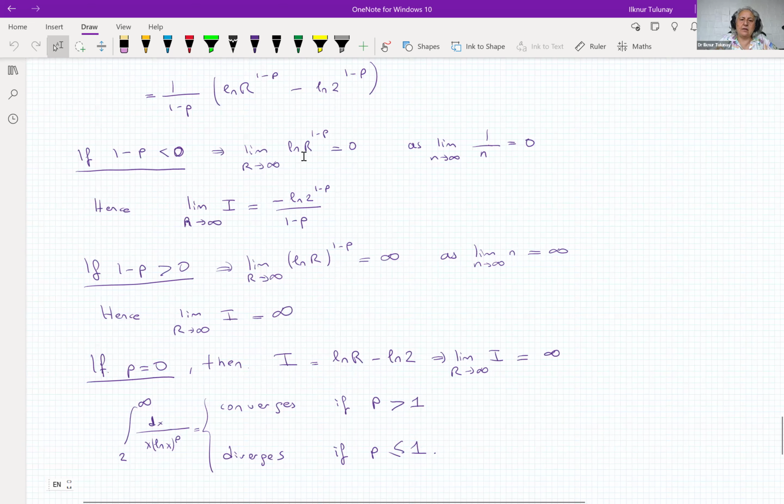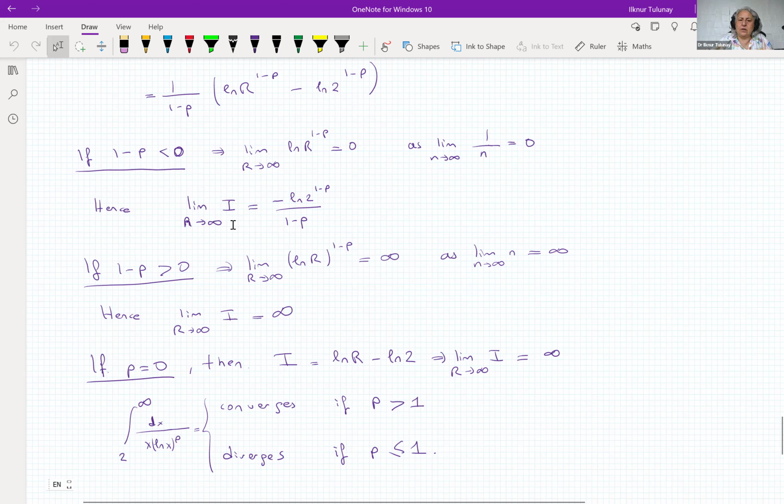Then this will go to 0, because you have 1 over something that grows, like 1 over n. As n goes to infinity, 1 over n goes to 0. So this goes to 0.